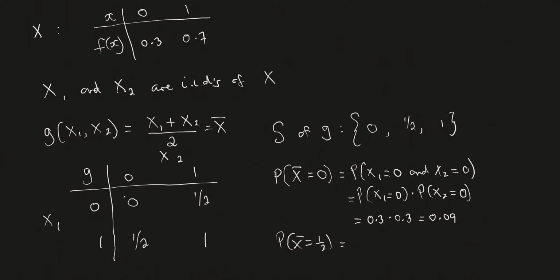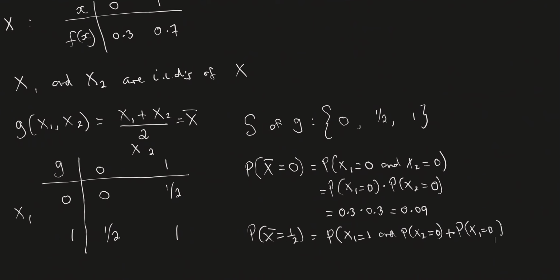Either x1 is 0 and x2 is 1, or it's flipped: x1 is 1 and x2 is 0, this possibility and this possibility. So I'm going to write those down, and because those are mutually exclusive, we will end up having the probability that x1 is equal to 1 and the probability that x2 is equal to 0, plus the probability that x1 is equal to 0.